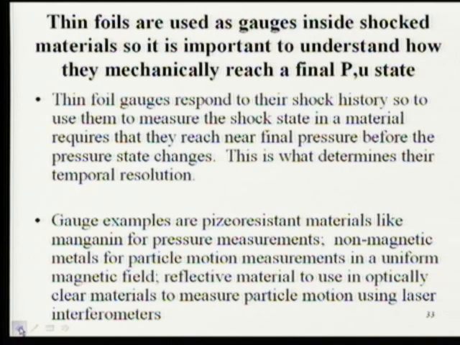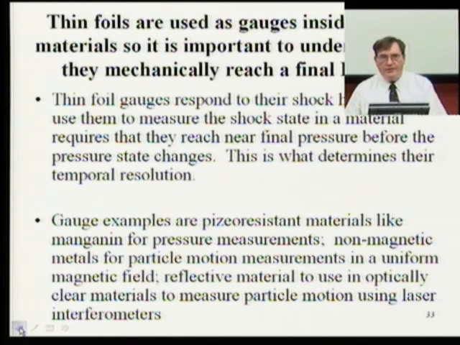It doesn't happen with one shock passing through it and it's there. It actually has waves ringing up. So there's a time dependence that affects gauges, and it eventually gets to the final pressure, but it takes a little while. And so you have to know this to interpret your records.